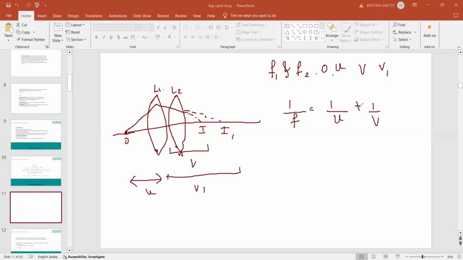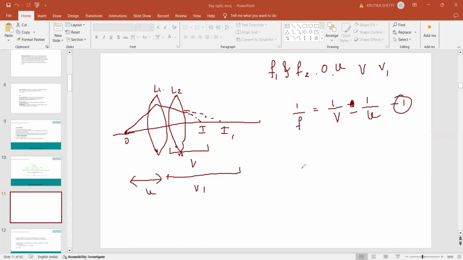V is the image distance and U is the object distance. This is our equation 1.